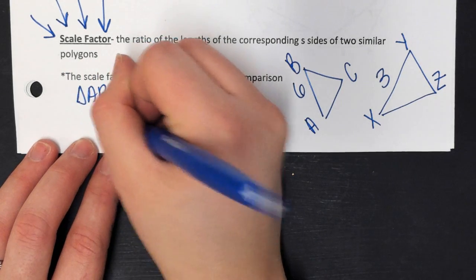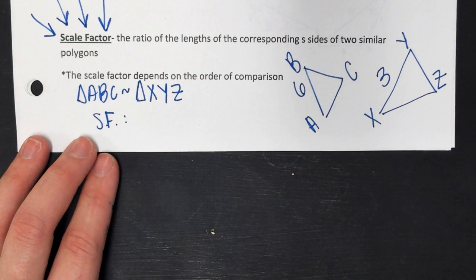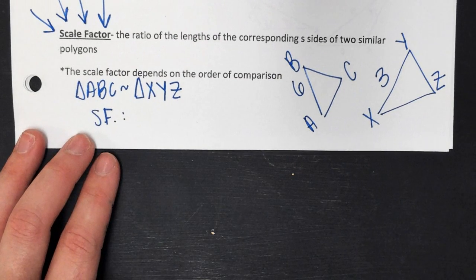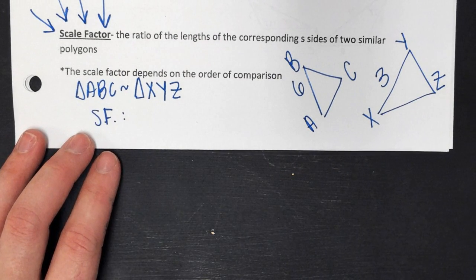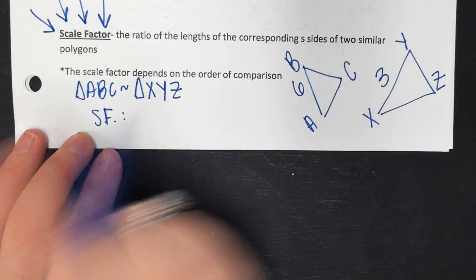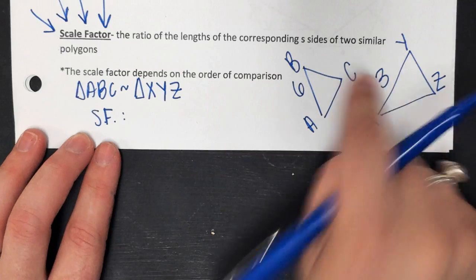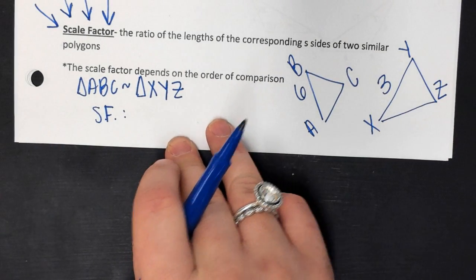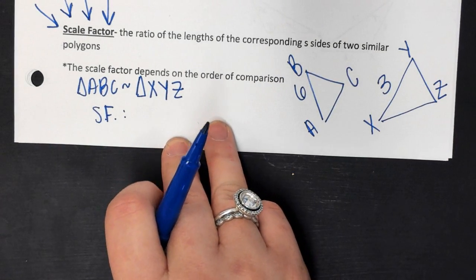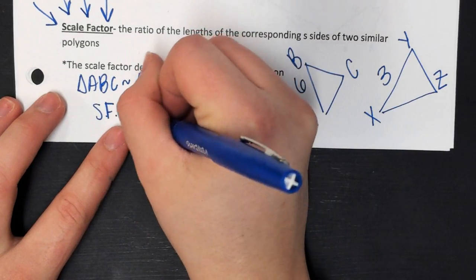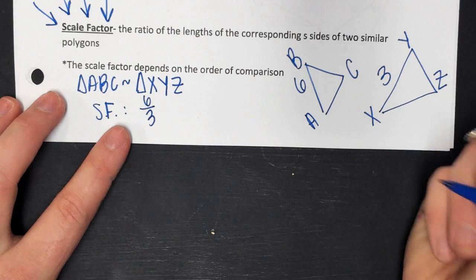Scale factor. SF. Not San Francisco. So what I do to find the scale factor is the ratio between the two. How much is it increasing or decreasing from triangle to triangle? There's two different ways to write it, and they're both correct. You could either say, well, it's 6 over 3, which is what?